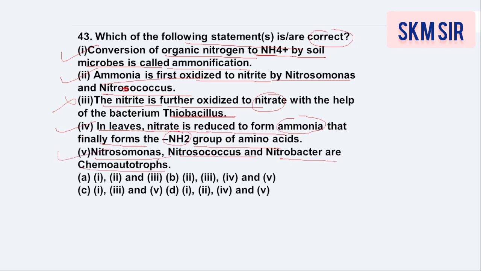So this is also correct. That means only the third option is wrong. So find out the best option from the given options. You will see that it is 1, 2, 4 and 5, which is present in option number D. So option number D will be the correct option.